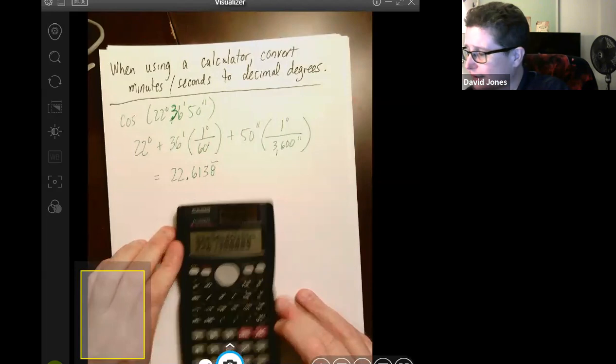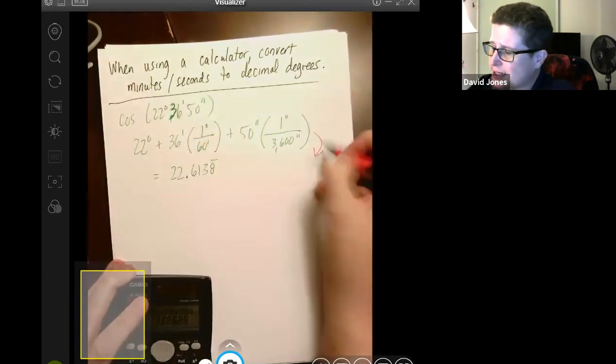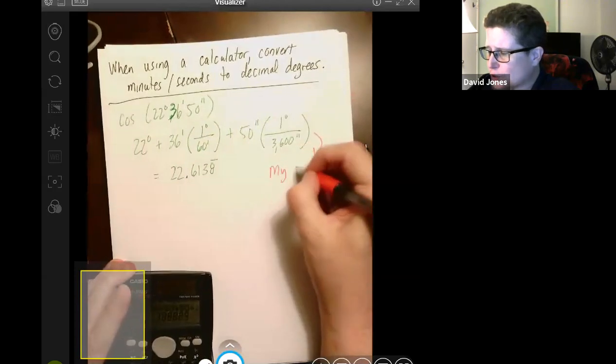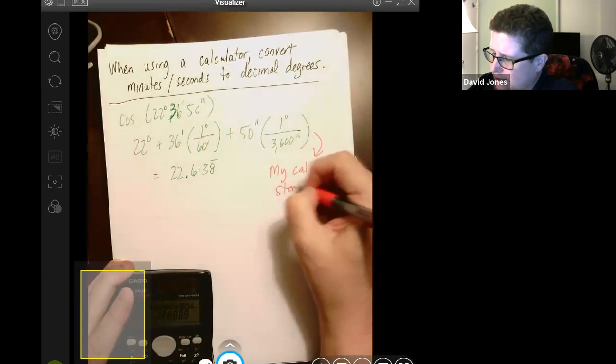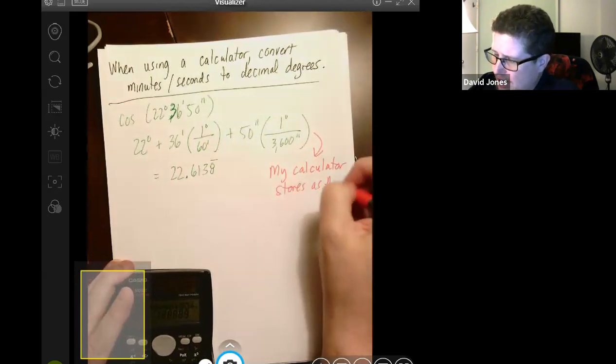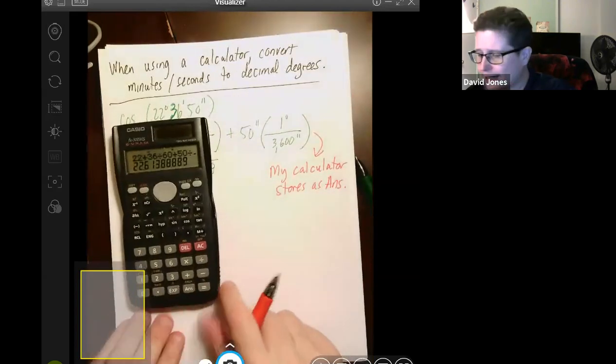At this point, if I do this operation, my calculator stores it as the answer. Likely your calculator has something similar. I have a key on here that says answer.